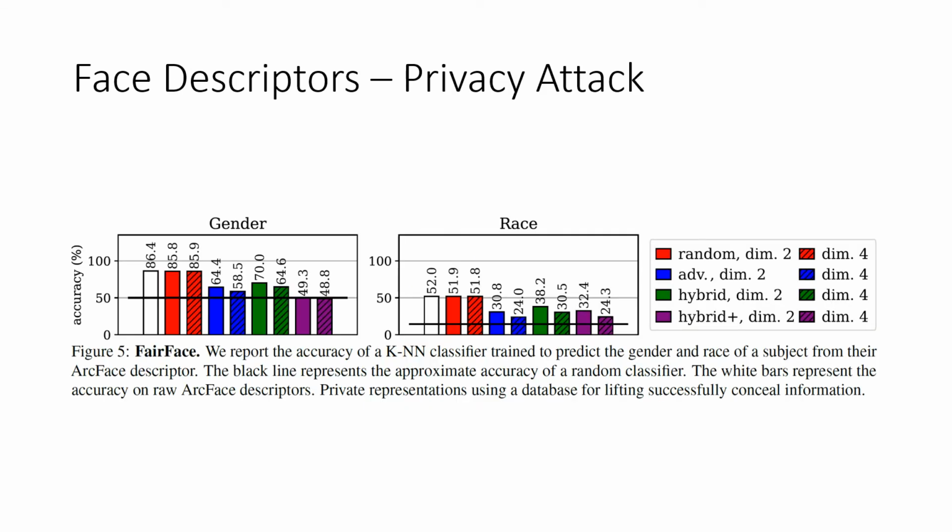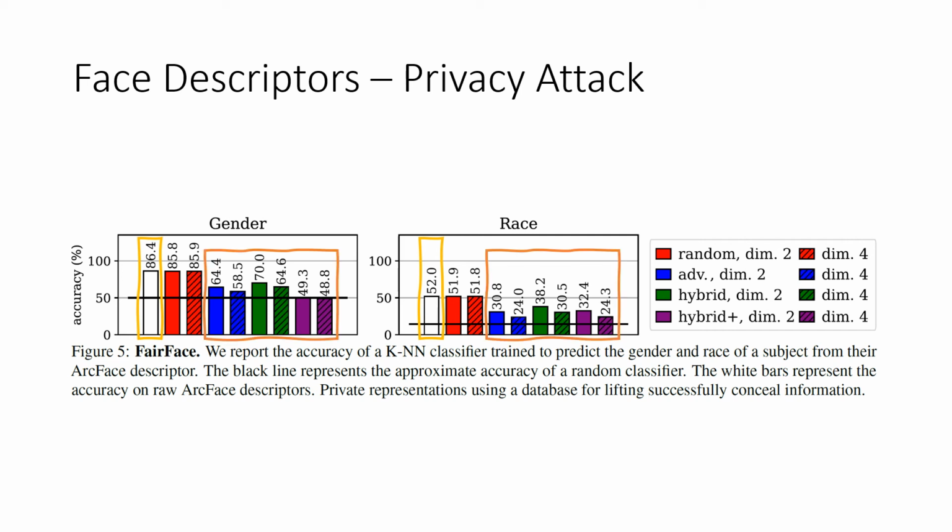Moving on to face descriptors, the privacy attack we are concerned with involves inferring distinguishing properties from only the global features. For this purpose, we use a k-nearest neighbor classifier to predict the gender and race of a person. Using raw descriptors, this classifier achieves an accuracy of 86% on the gender task consisting of 2 classes and 52% on the race task consisting of 7 classes.